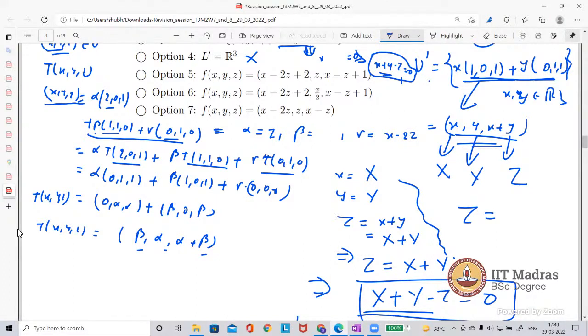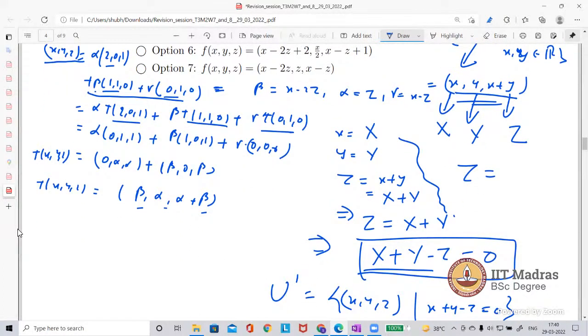Beta will be x minus 2z, alpha will be z, and alpha plus beta is x minus z. Gamma will be alpha plus beta, x minus z. You can check that.